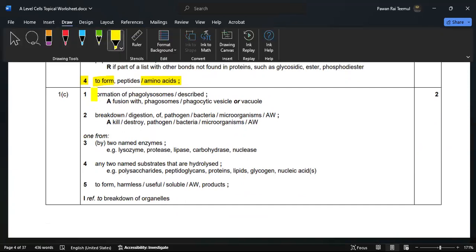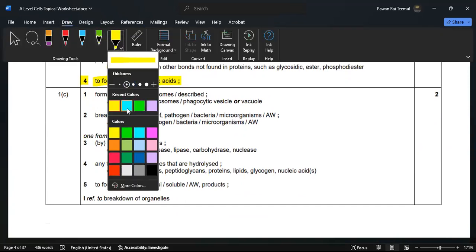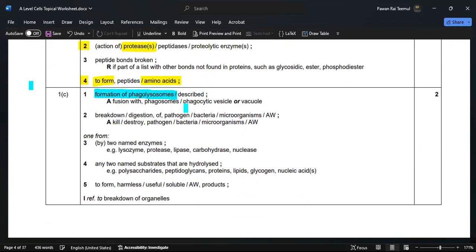It talks about the formation of phagolysosomes, and the breakdown, digestion of the pathogen, which I did. You may say kill or destroy, that's fine. And 2 named enzymes, no, I did not. I forgot to mention the phagocytic.